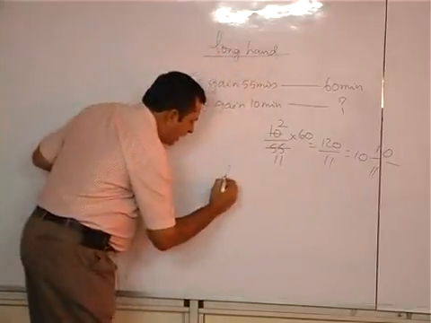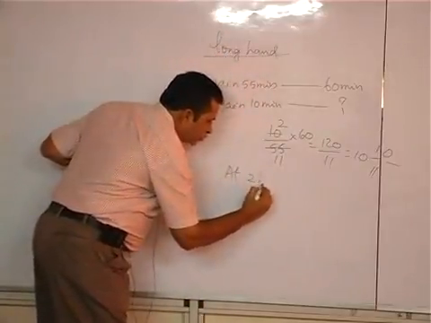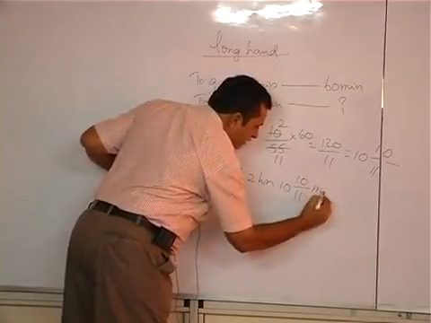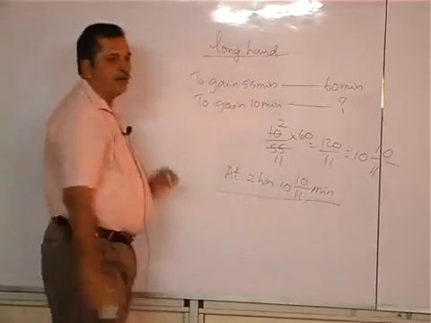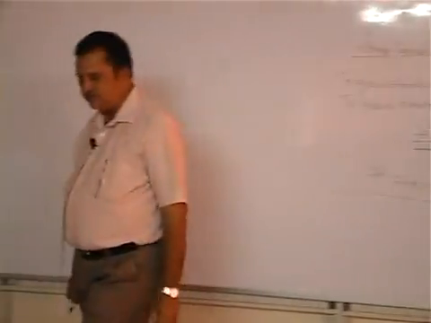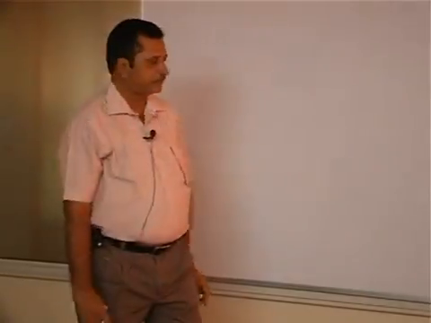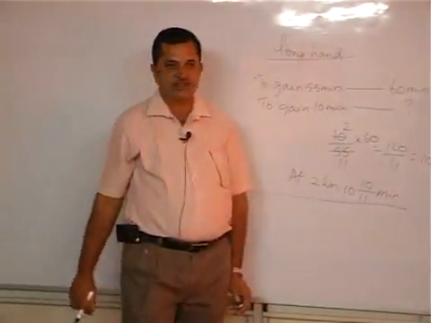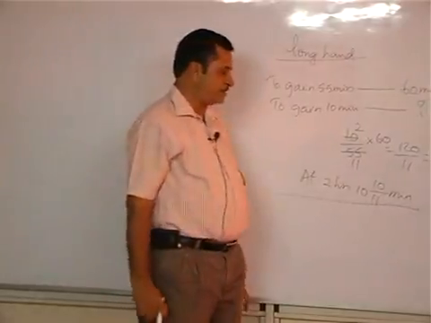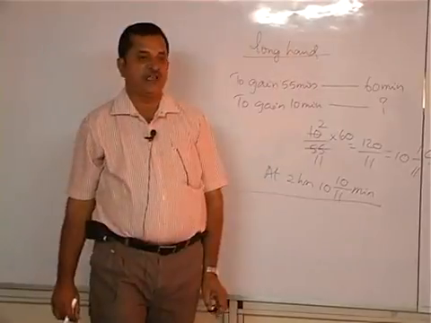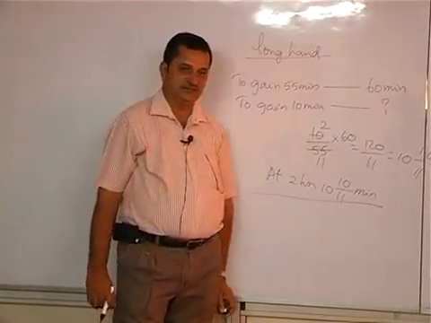So, at 2 hours 10 by 11 minutes, both the hands of the clock will coincide. Understand?